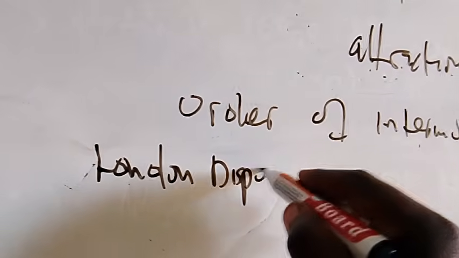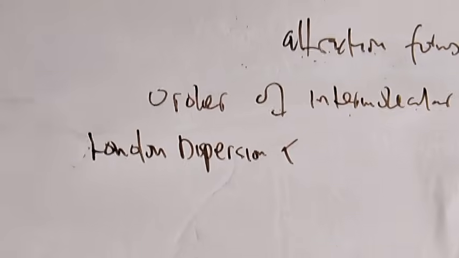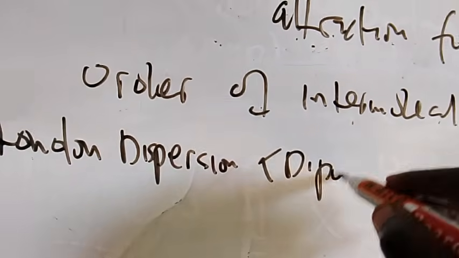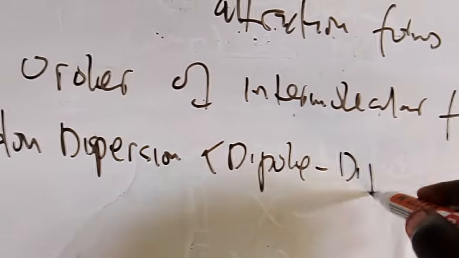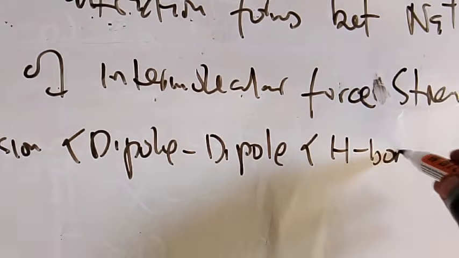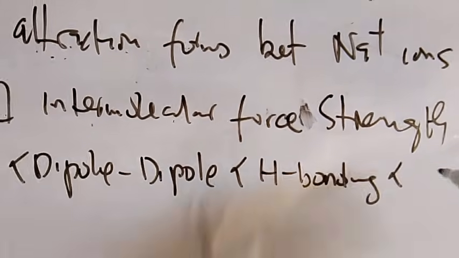So London dispersion, then followed by dipole, then followed by hydrogen bonding, then followed by ion dipole.